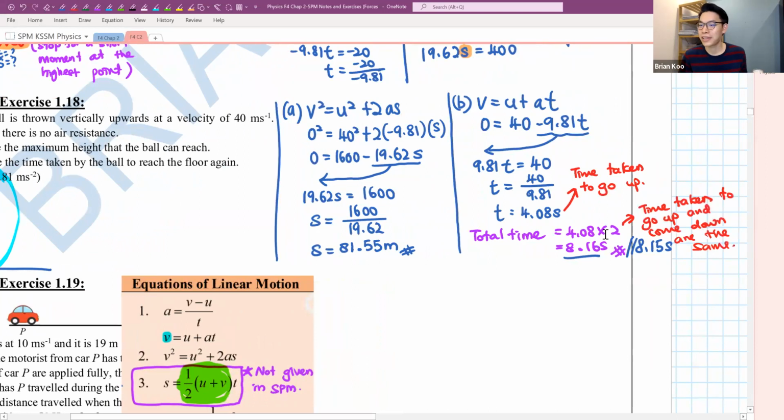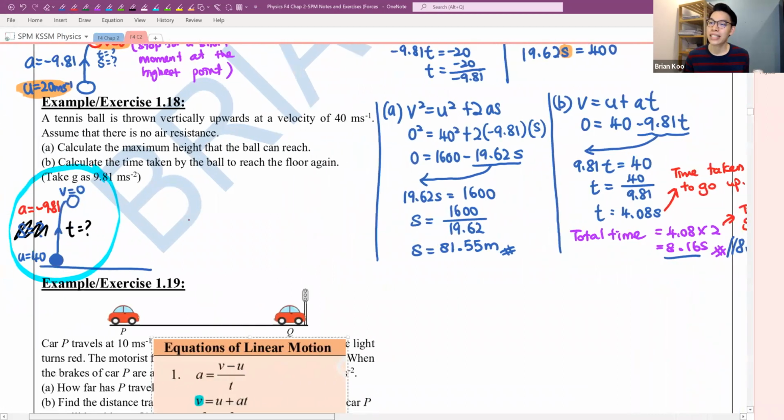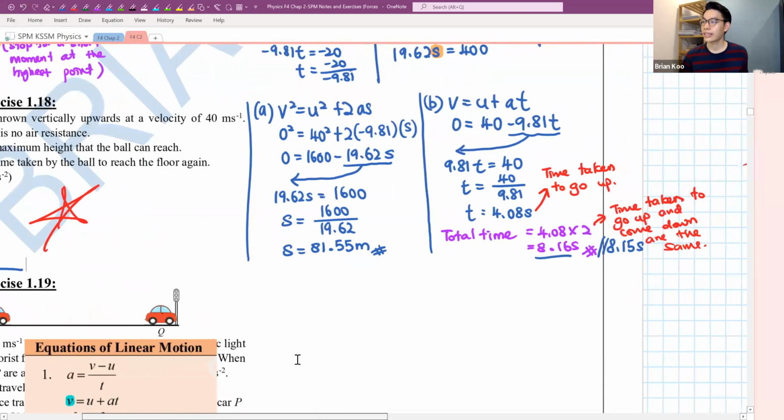Sorry if the space is very little. Maybe you guys can write here also, at the empty space here. The 4.08 is the time taken to go up. 4.08 times 2, because the time taken to go up and come down are the same.